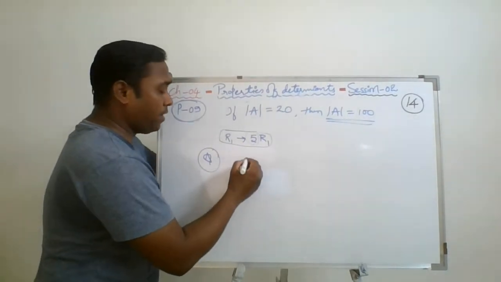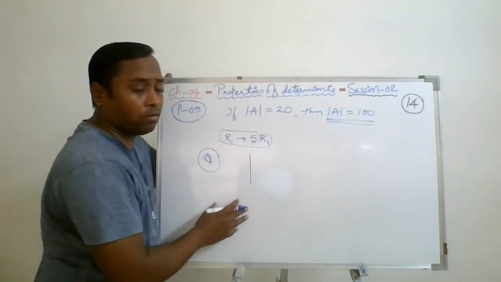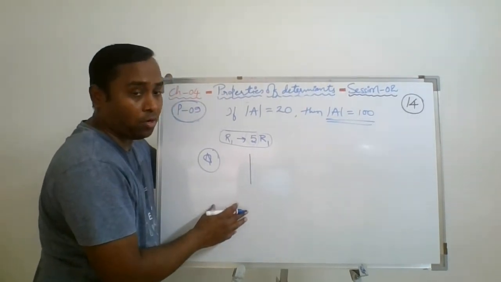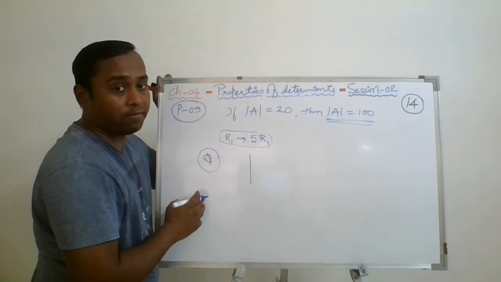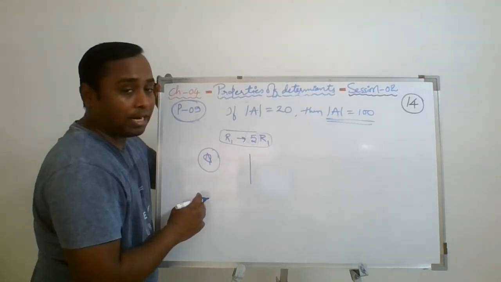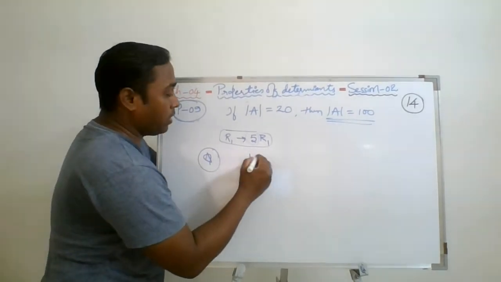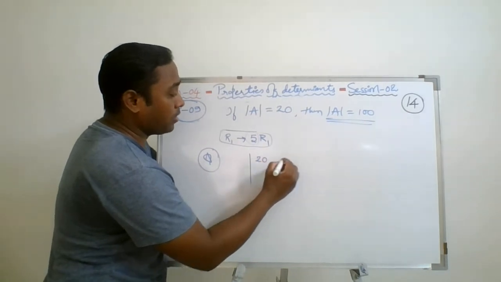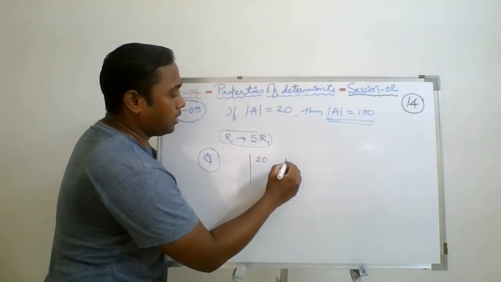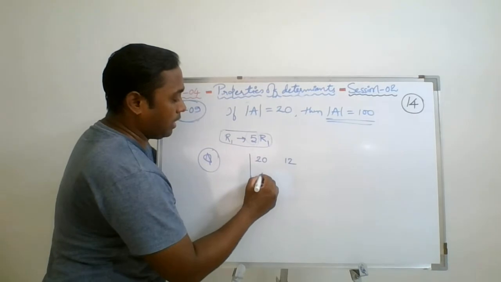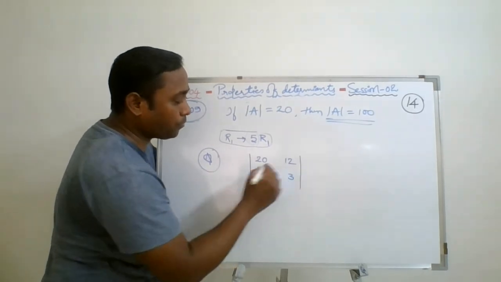Similarly, if I have a common factor in a particular row or column, I can take that common factor out of the determinant. Let us say, to understand this concept, I am taking 20 and 12 in row 1, and 5 and 3 in row 2.